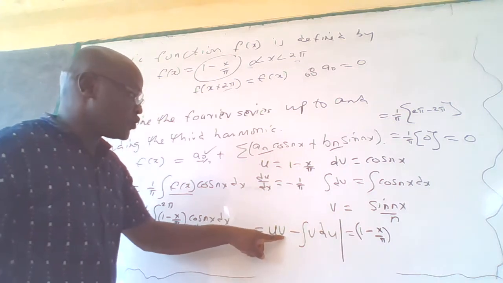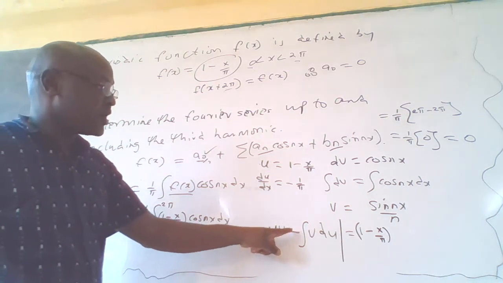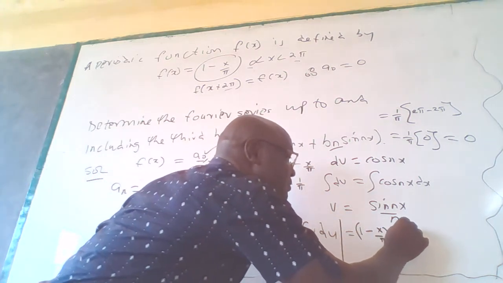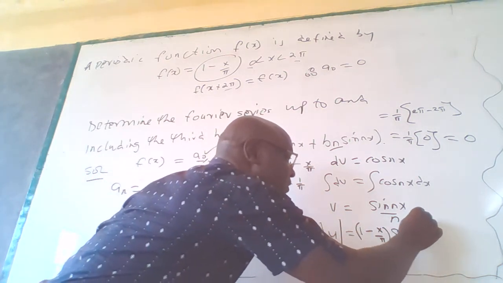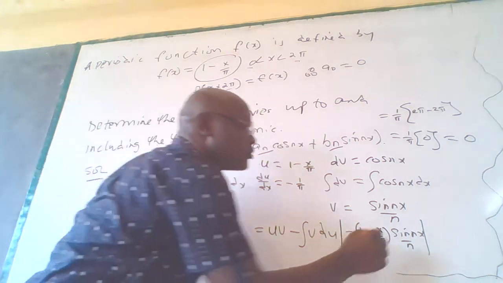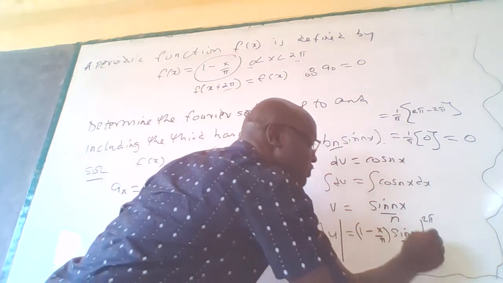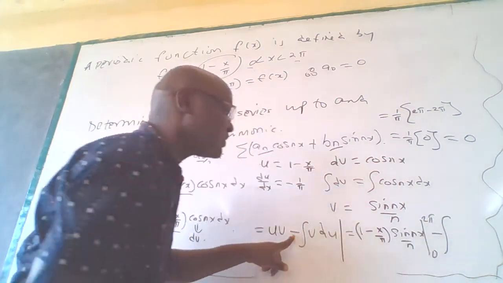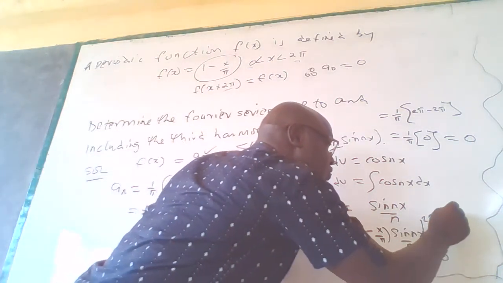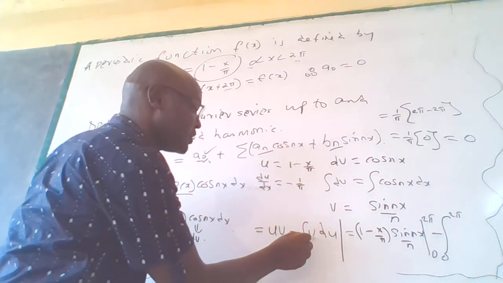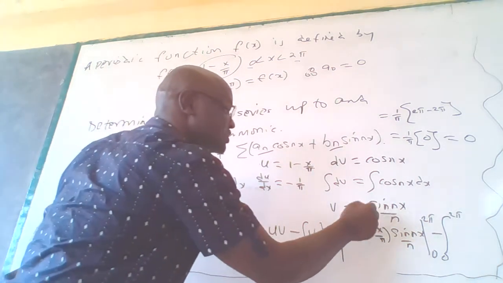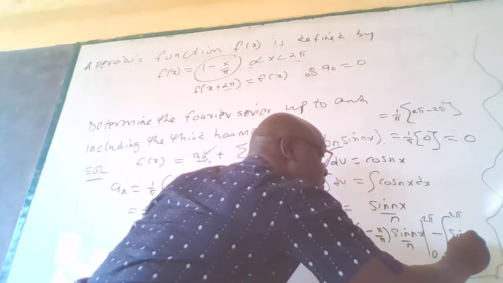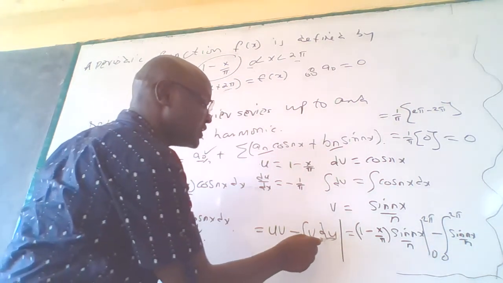Our v is sine nx all over n, integrating from 0 to 2 pi, then minus the integral from 0 to 2 pi of v, sine nx all over n, then du.